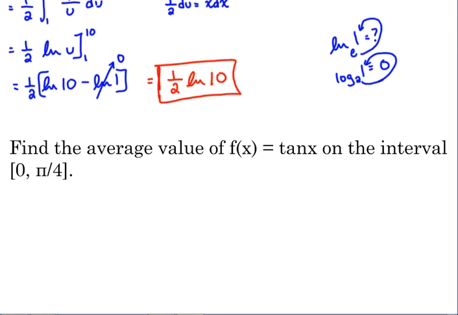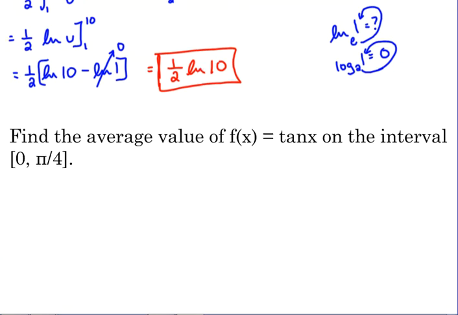Another problem: find the average value of f of x equals tangent of x on the interval from 0 to pi over 4. Anytime you see the words average value, you should automatically be thinking 1 over b minus a times the integral from a to b of f of x dx.